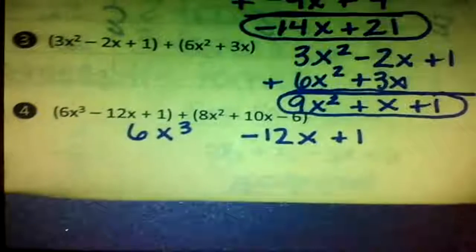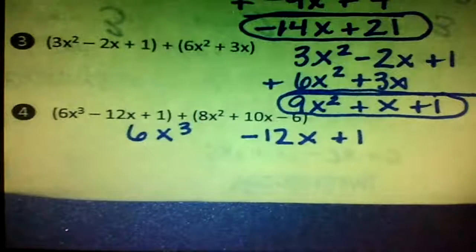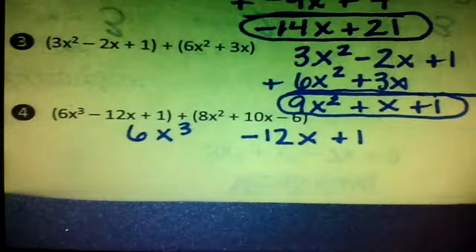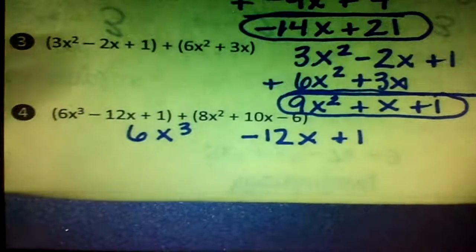Okay. Notice, I left myself a gap between x cubed and x because I don't have an x squared term. That way, if I'm adding something that's x squared, I have a place to put it. So I'm not putting it with anything it doesn't belong with. So when I move on to my second polynomial, my first one there is 8x squared.